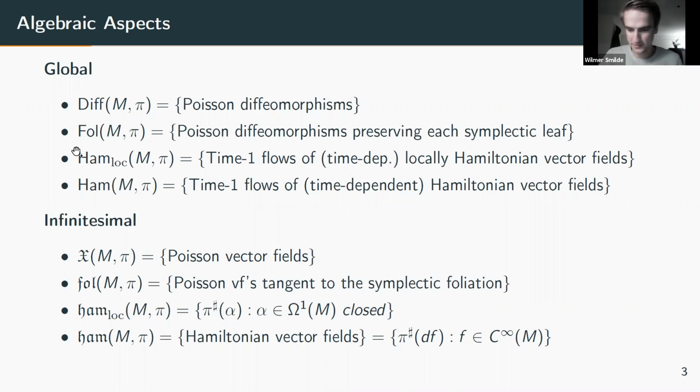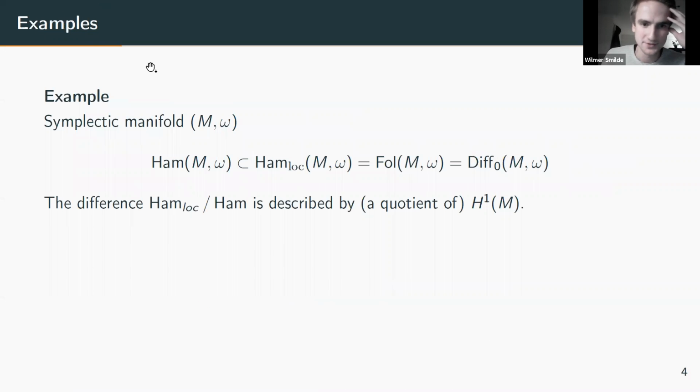So there are quite some things going on over here. Let's have a look at some examples that might be more familiar. If you have a symplectic manifold, then we have certainly the Hamiltonian ones. We have the connected component of the diffeomorphism group, the symplectomorphism group, that is.